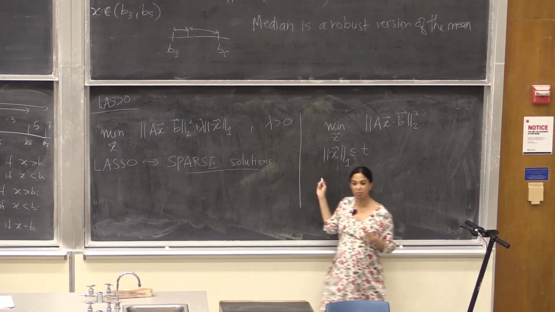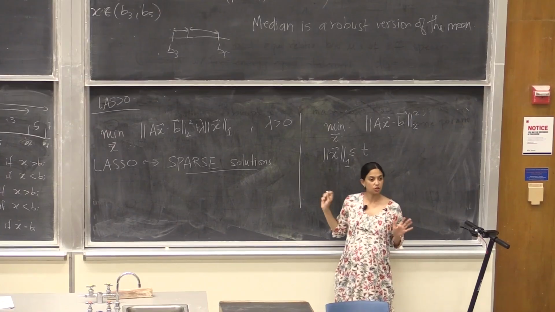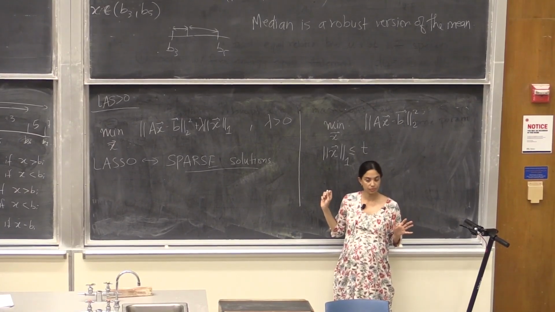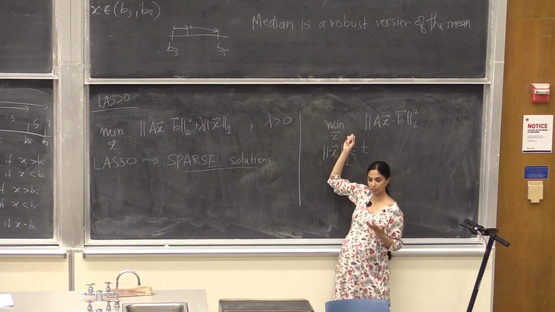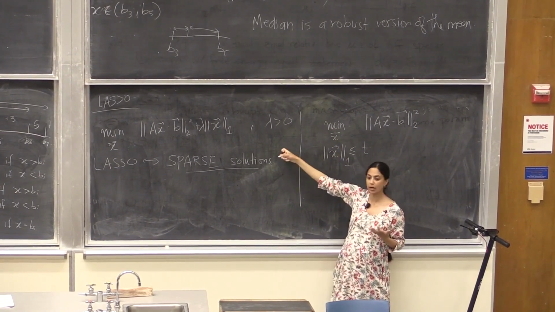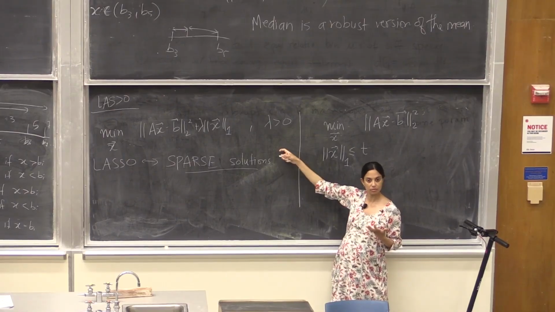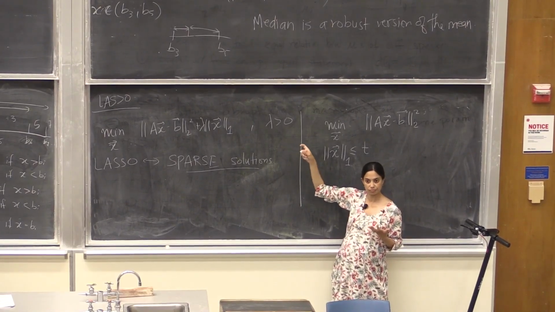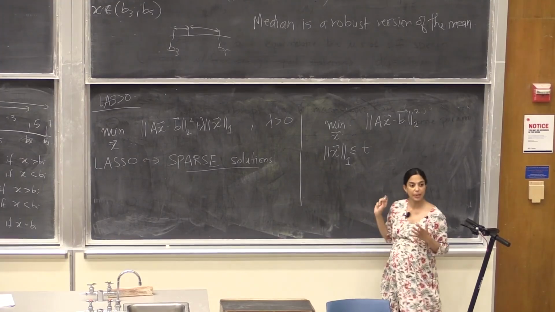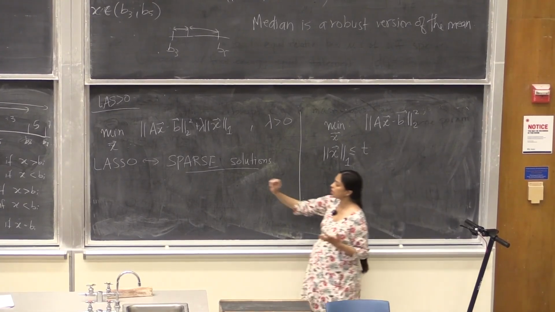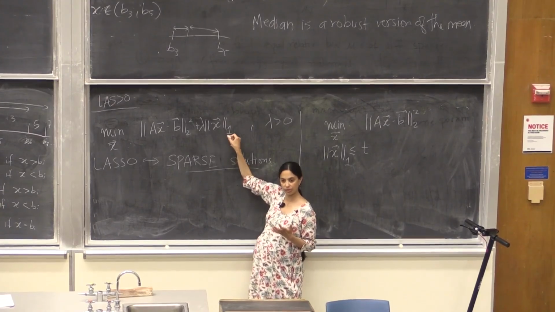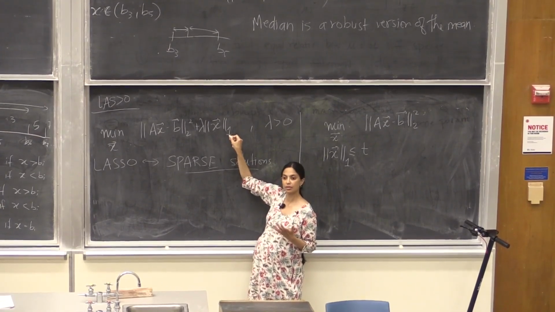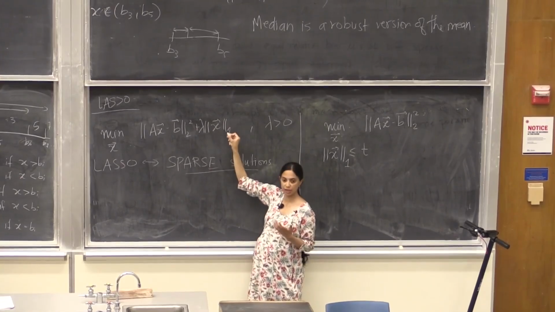Are these the same problem? These are not the same problem, right? But if I was to construct a Lagrangian for this problem, it would look kind of like this, right? Basically what we're saying here is that we're putting downward pressure on the L1 norm by saying, look, I don't want this to get too large.